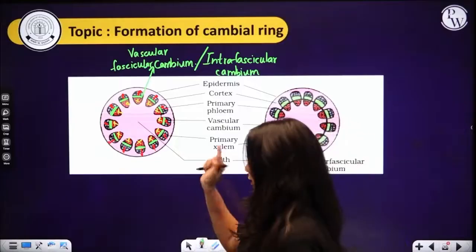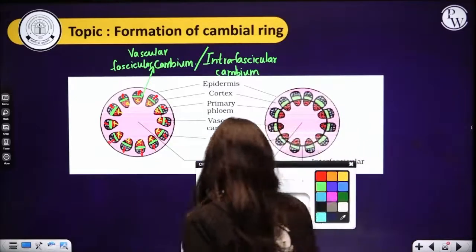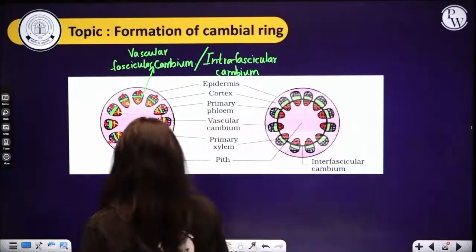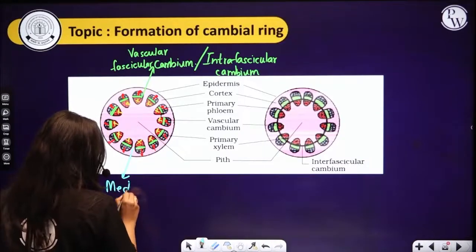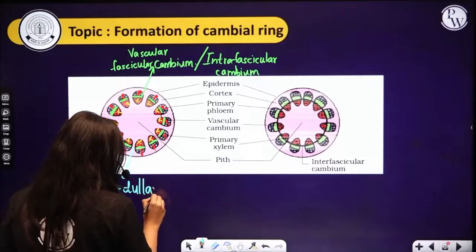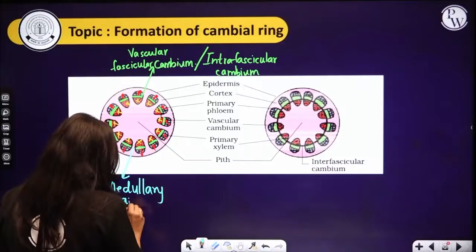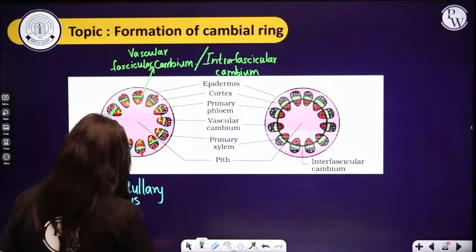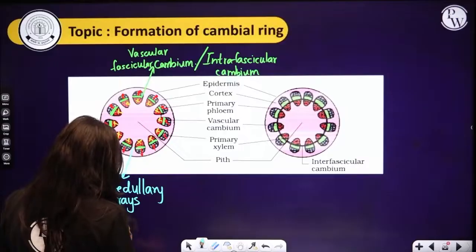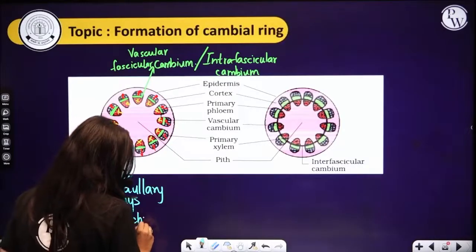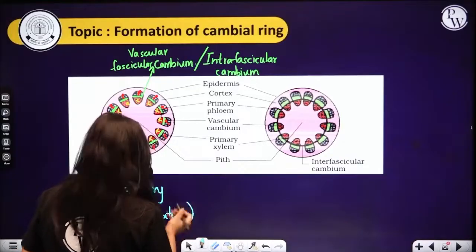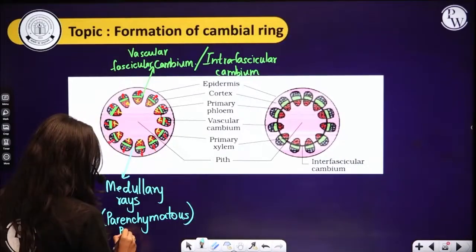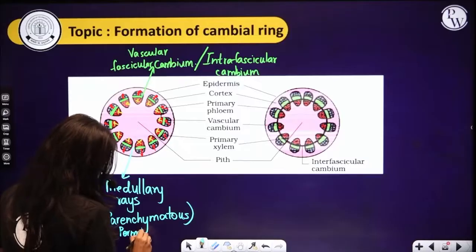All right. Now, we know that in between the vascular bundles, whatever parenchyma is present here, we call it the medullary rays. And these medullary rays are parenchymatous in nature. So if it is parenchymatous, that means it is a permanent tissue.